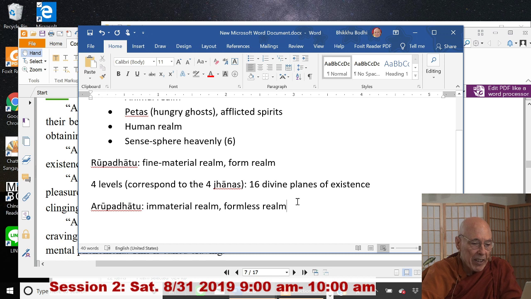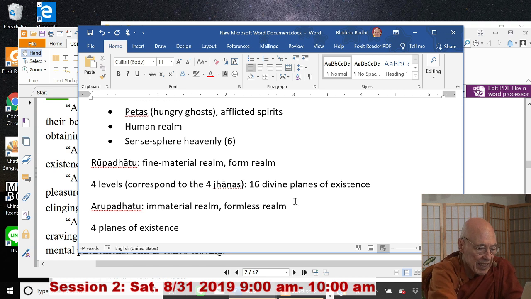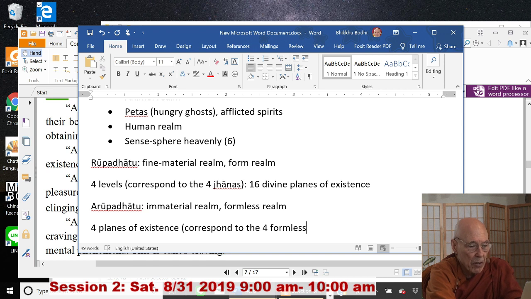And the immaterial realm consists of 4 planes of existence. And these 4 planes of existence correspond to certain meditative attainments called the formless absorptions or immaterial absorptions.